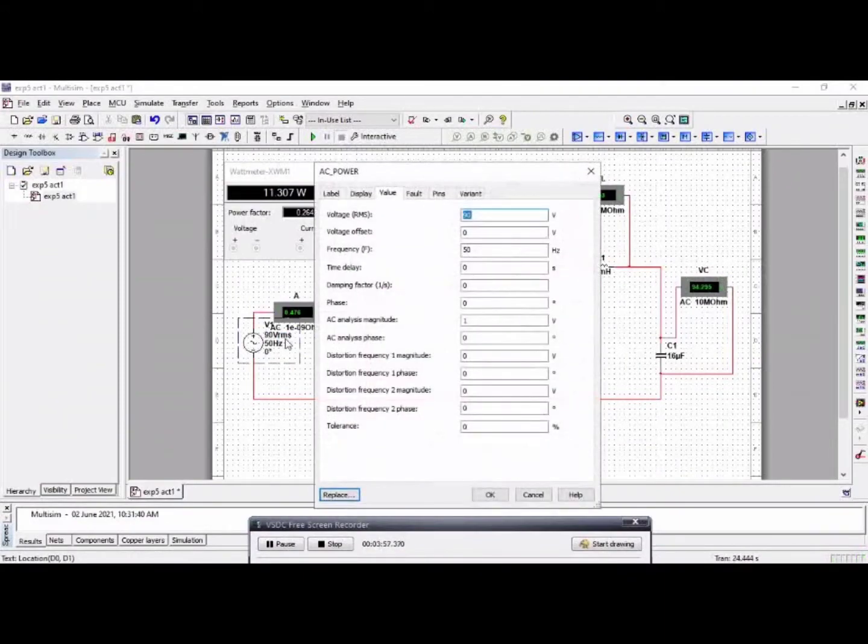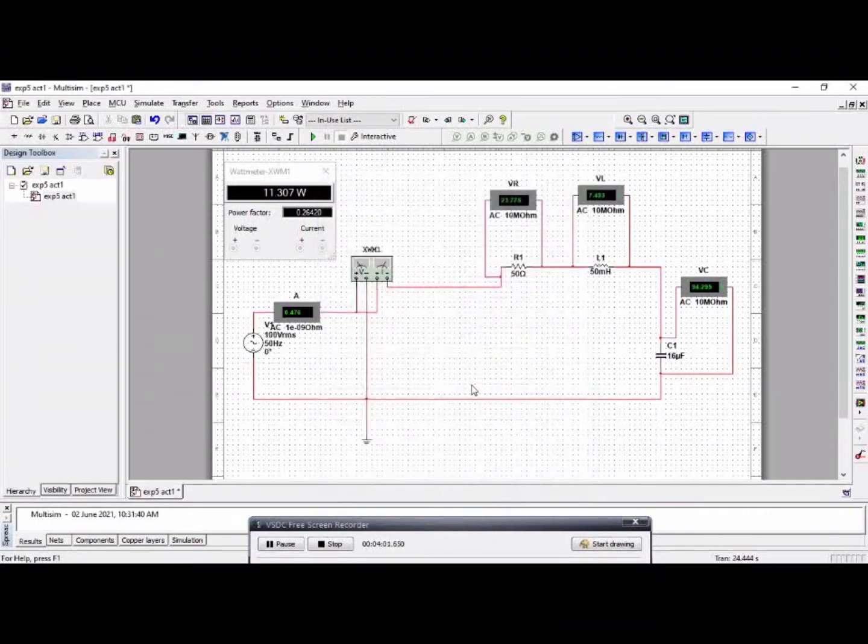Lastly, the 100 volts for the last row of the table. Now start the simulation. Now we get the value of I here, the value of voltmeter here, power, and the power factor, and this is VR, this is the value of VL, this is the value of VC.